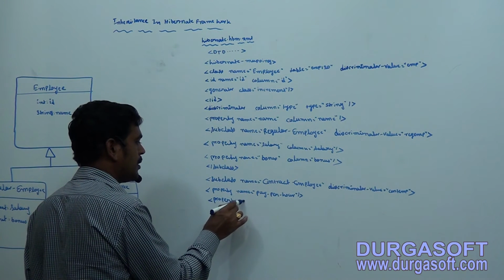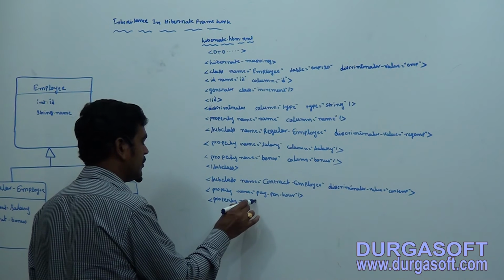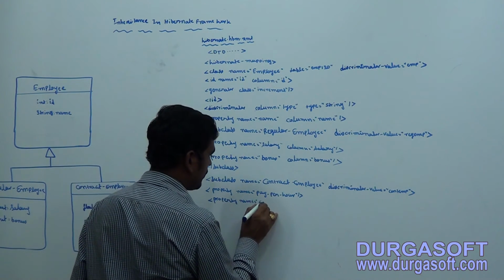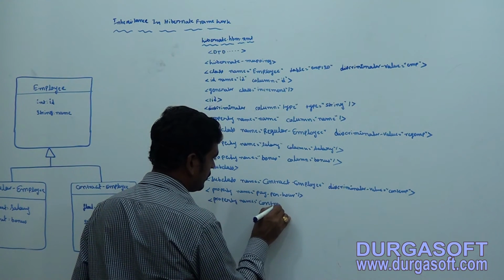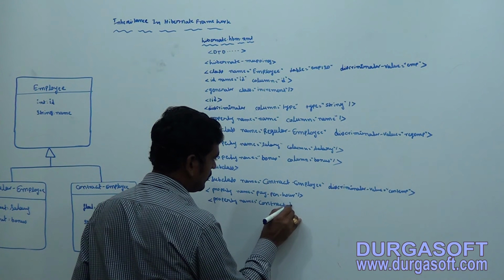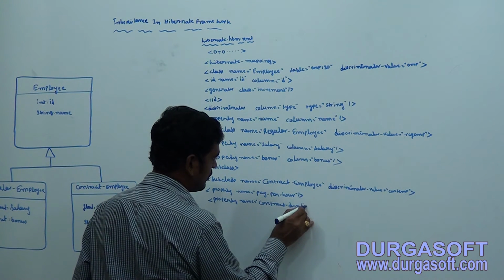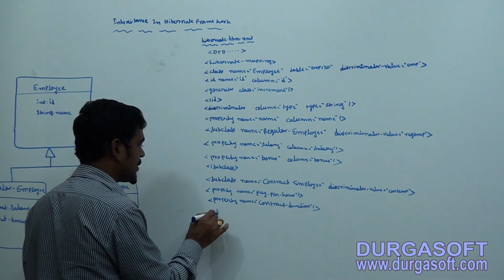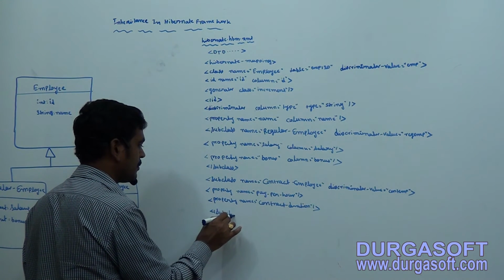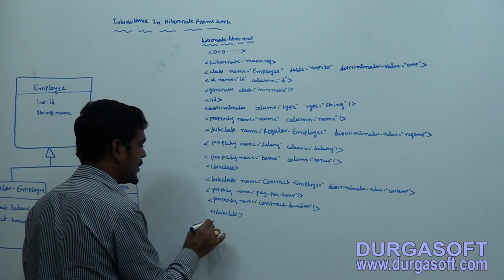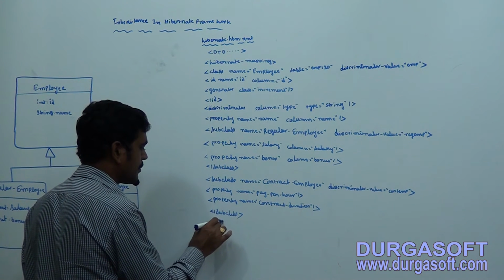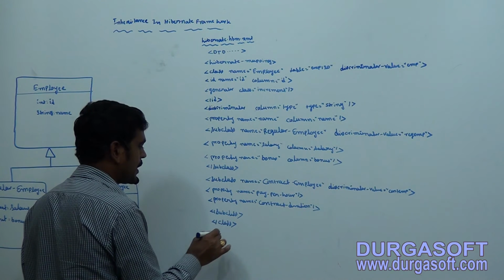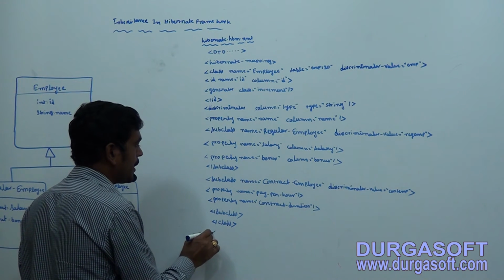Property name is equal to contract duration. Then close the subclass. The next, close the class. The next, close the Hibernate mapping.